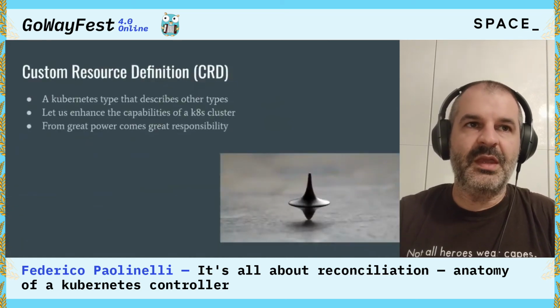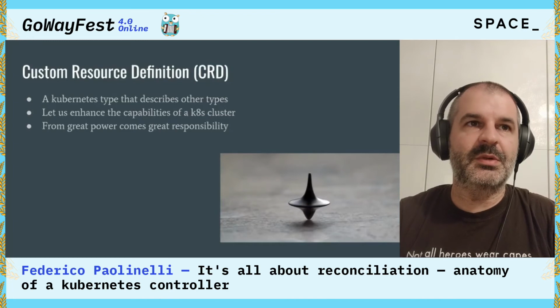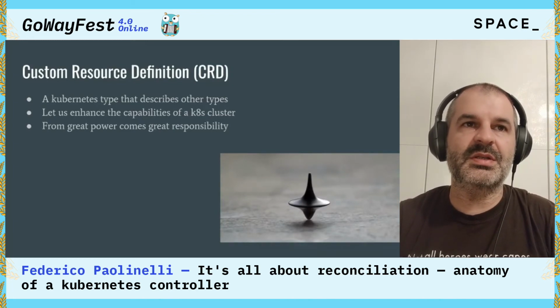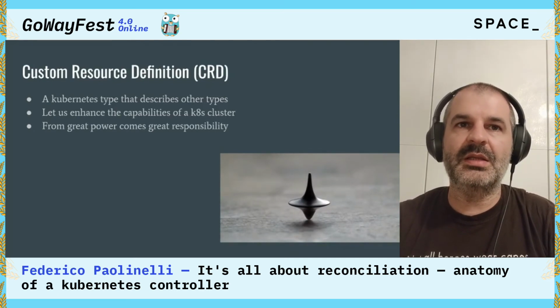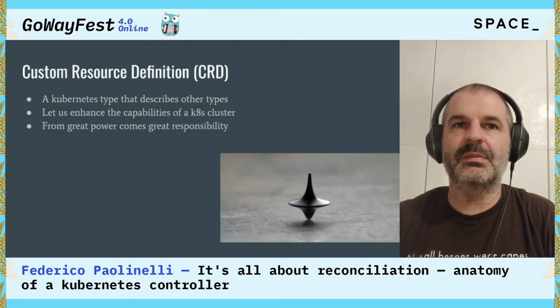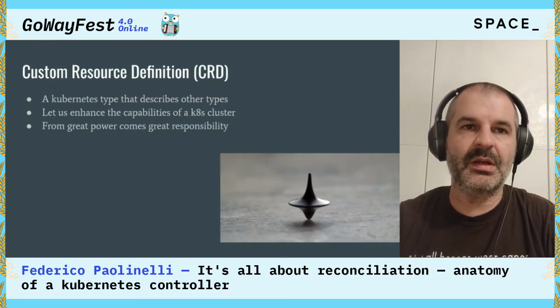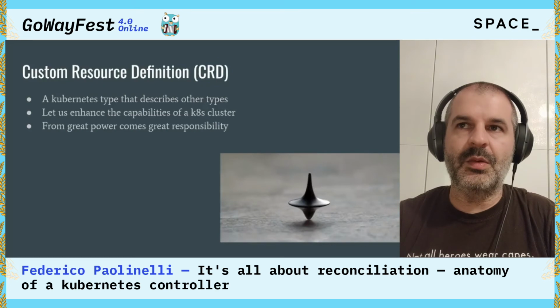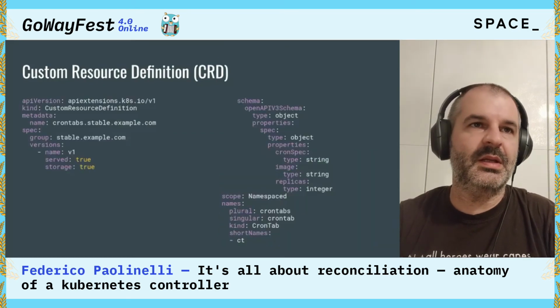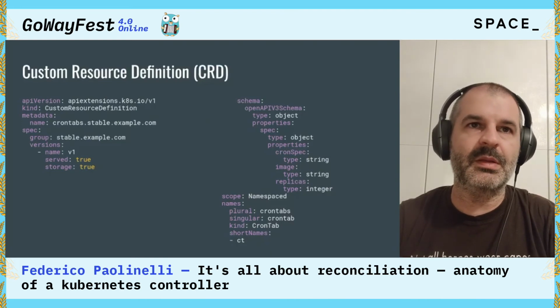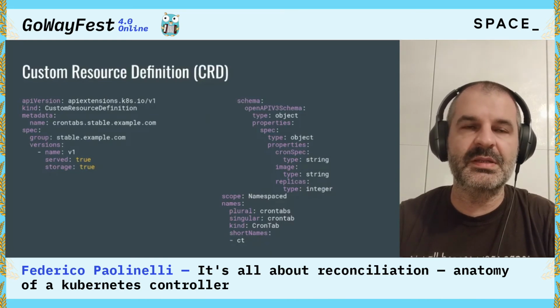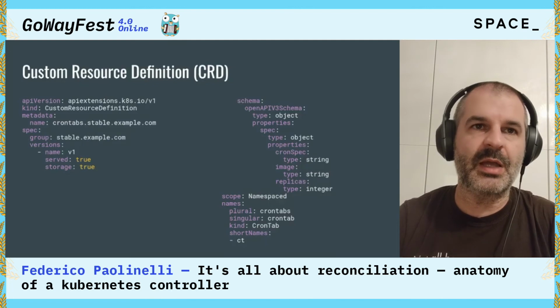The first thing we need is custom resource definitions, which is kind of a meta type. It's a Kubernetes type that describes other types, and it allows us to add more stuff on a cluster. The way it looks is like yet another manifest with a name and stuff like that, and fields that describe what the type looks like.